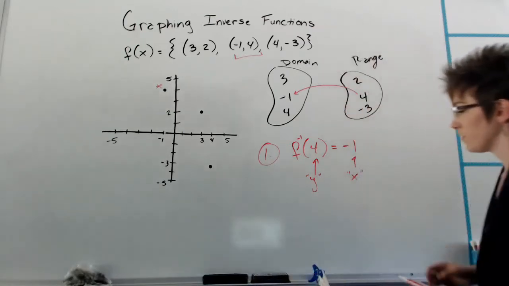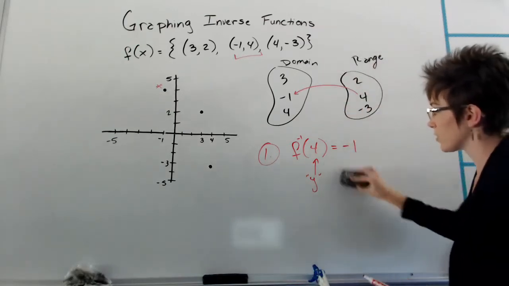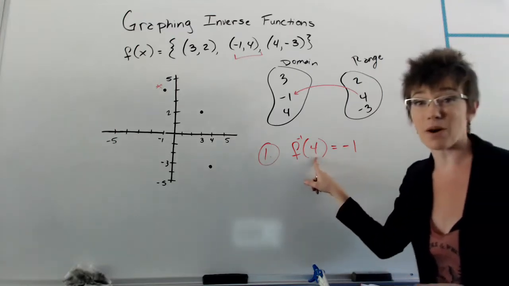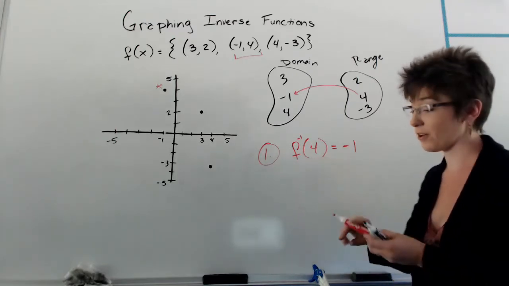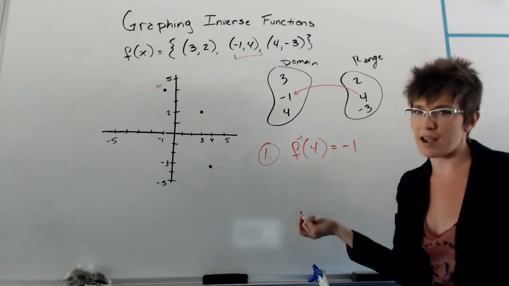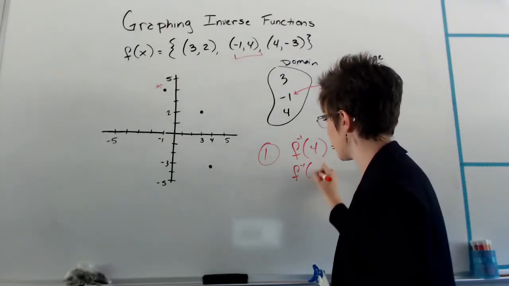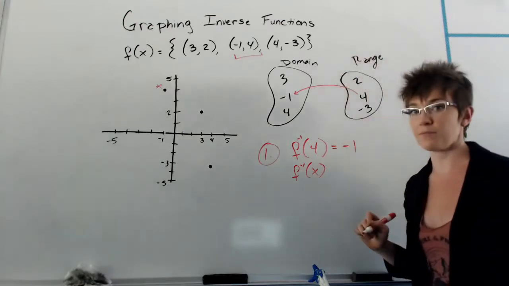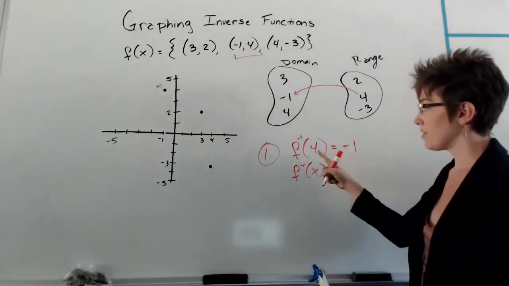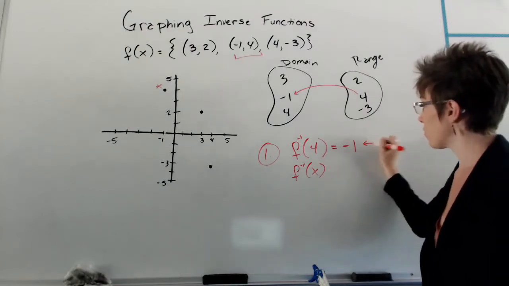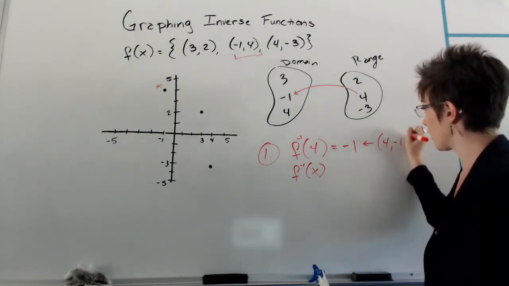Now, what you might have noticed, because with an inverse function, technically, this is my input. This is technically an x value. I don't do f inverse of y, I do f inverse of x, right? F inverse of x, something like that. So if I wanted to write this as a point for my inverse function, this would be the point 4, -1.